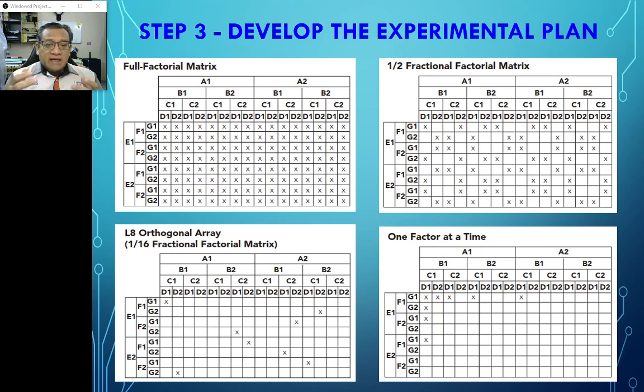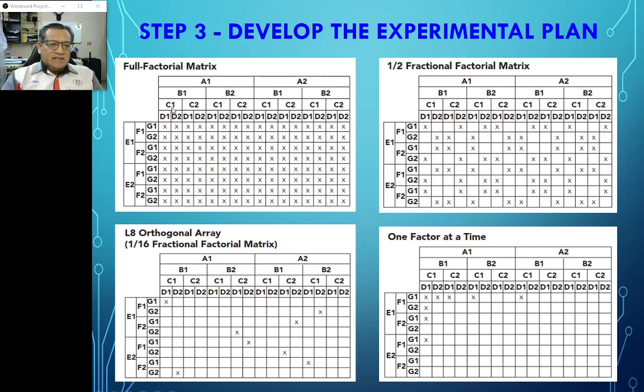And only then could you achieve the best maximum performance with less variation or minimized noise. So one type of experimental plan is full factorial matrix. For example, A1 and A2, you test all the set points, right? A1, A2 got two types, B1 and B2, right?